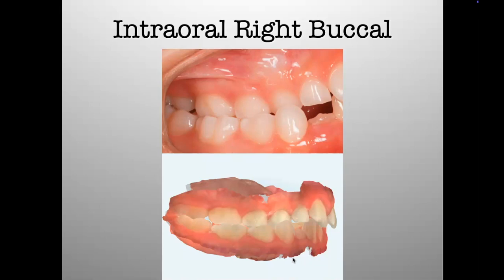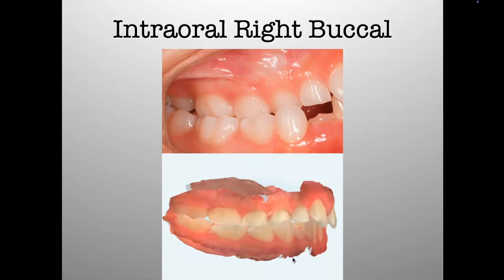Yeah, pretty normal, right? I mean, not in a complete class 1 relationship at the canine, but we still have the E-space. Those lower molars are going to tend to come forward a little bit. And so, we would look at this patient and typically say, okay, that's probably going to develop into a class 1 molar occlusion. Anything else from this view?